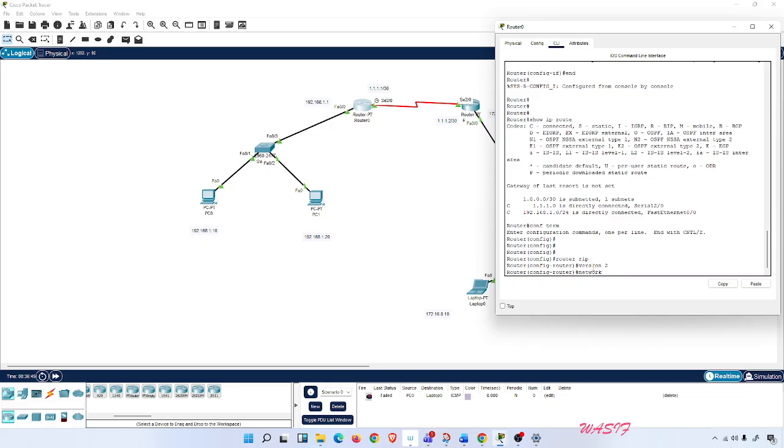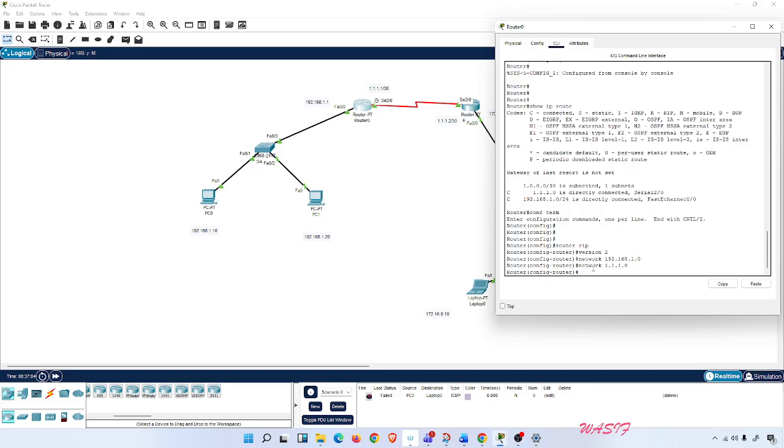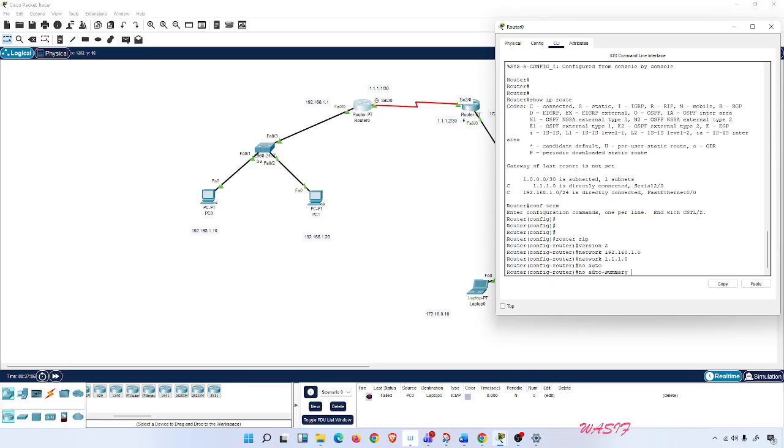Here I'm just showing you 192.168.1.0 and 1.1.1.0, then no auto summary.